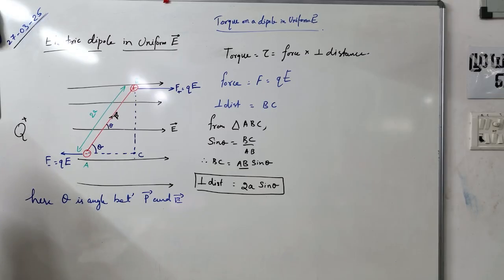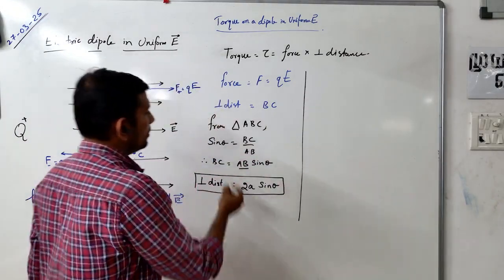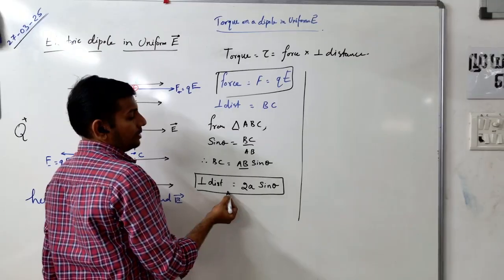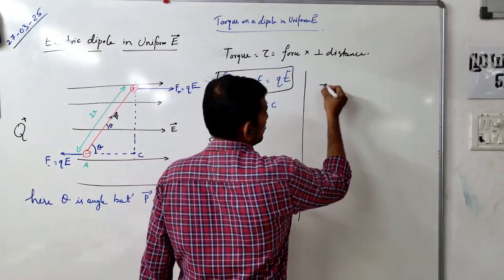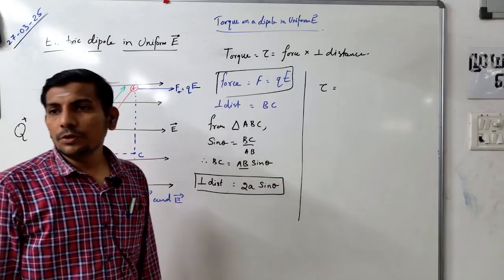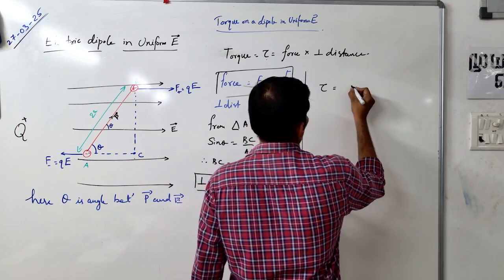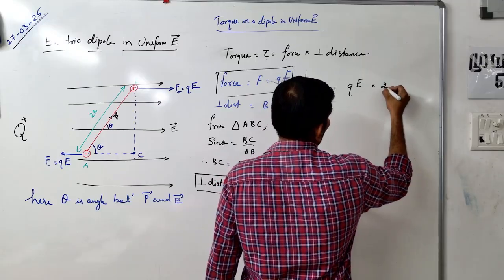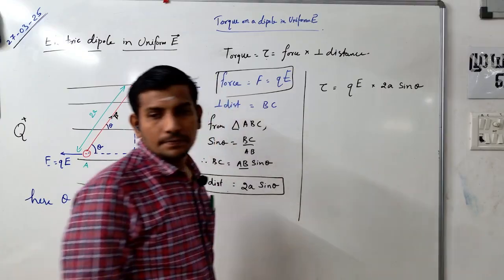Ishan? So now I am going to substitute the force value and the perpendicular distance value in this equation. Therefore, the torque experienced by an electric dipole in a uniform electric field is given by Q into E multiplied by 2A sin theta.